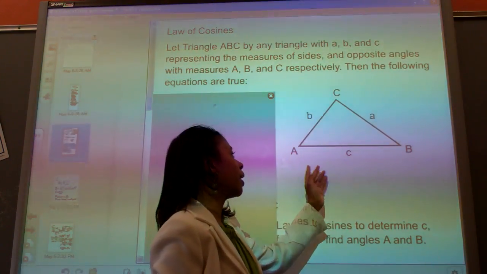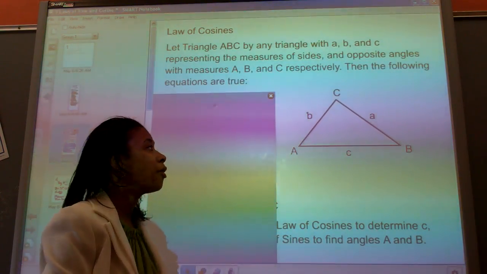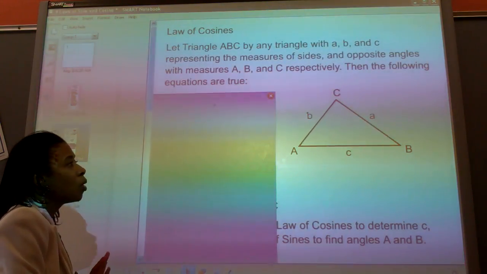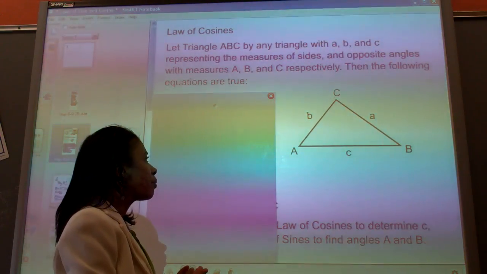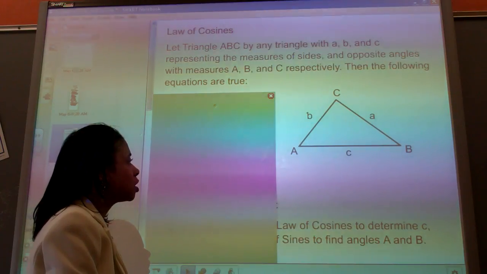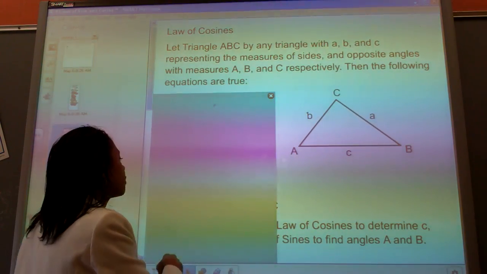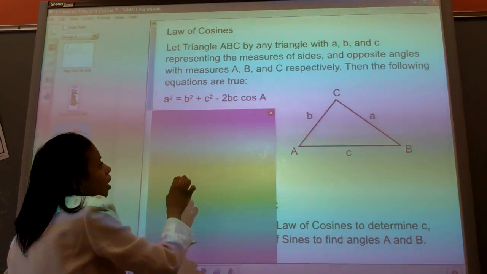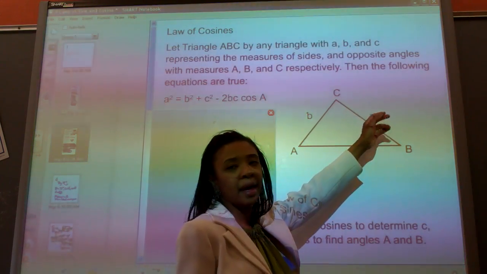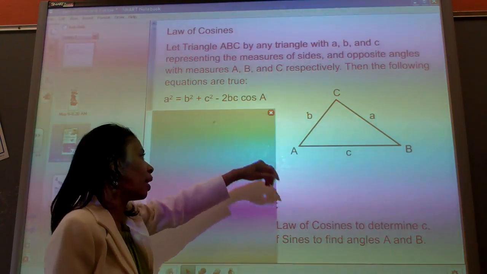When I have triangle ABC, when using the law of cosines, kind of like the Pythagorean theorem, you have a squared plus b squared is equal to c squared, but it's slightly different. Let's say I want to know the length of side a.